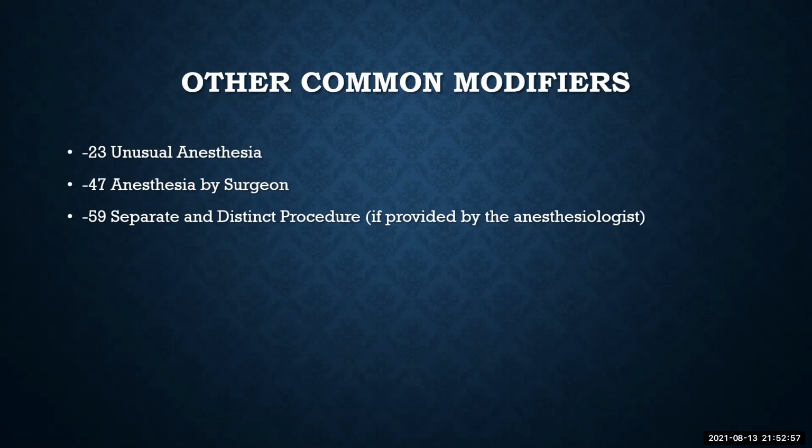That's two separate and distinct procedures occurring at the same time, and that is when you'd use that 59 modifier. And that's just a regular CPT modifier. If you're feeling overwhelmed or confused by that, don't worry, we'll get into that more. But I did want to clarify that these are some things you might also use in this section, okay?